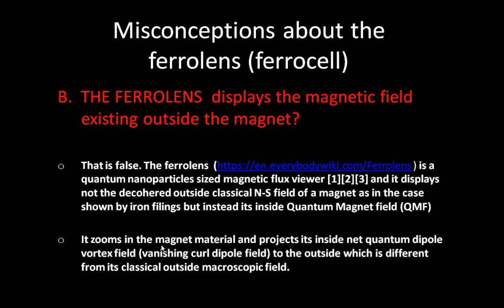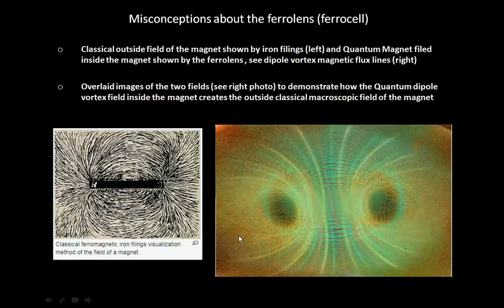So let's now see what the meanings of these words are. You see here the classical field, an imprint of which we can achieve by using a simple iron filings experiment. And here is the field we see inside the magnet with the ferrolens, the quantum field. Why is it called quantum? Because it is sensed by nanosized particles.